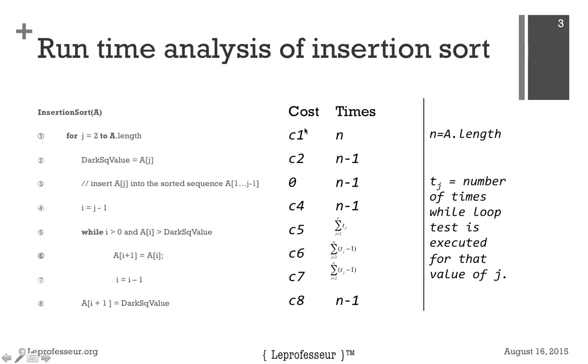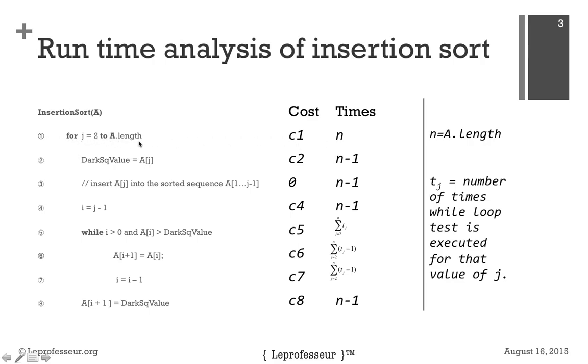Let's make some assumptions. Let n be the length of the array, or the length of the list. Now tj denotes the number of times the while loop in statement number 5 is executed for that value of j.